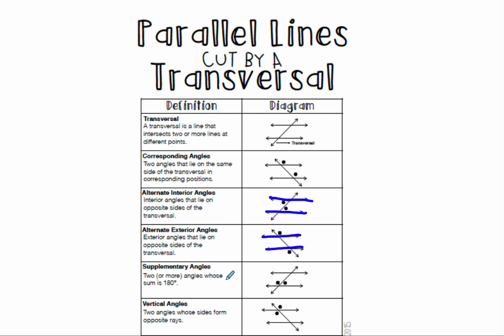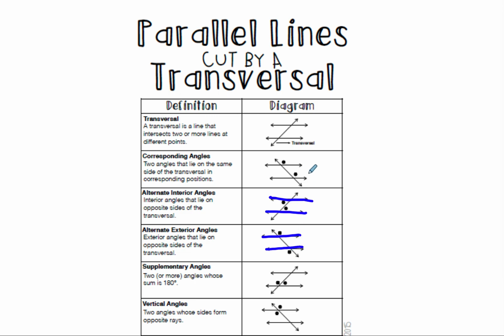Supplementary angles we've talked about in chapter 7. Supplementary angles are two angles whose sum is 180 degrees. So these two are supplementary. On a parallel line cut by a transversal, any obtuse and any acute are going to be supplementary.